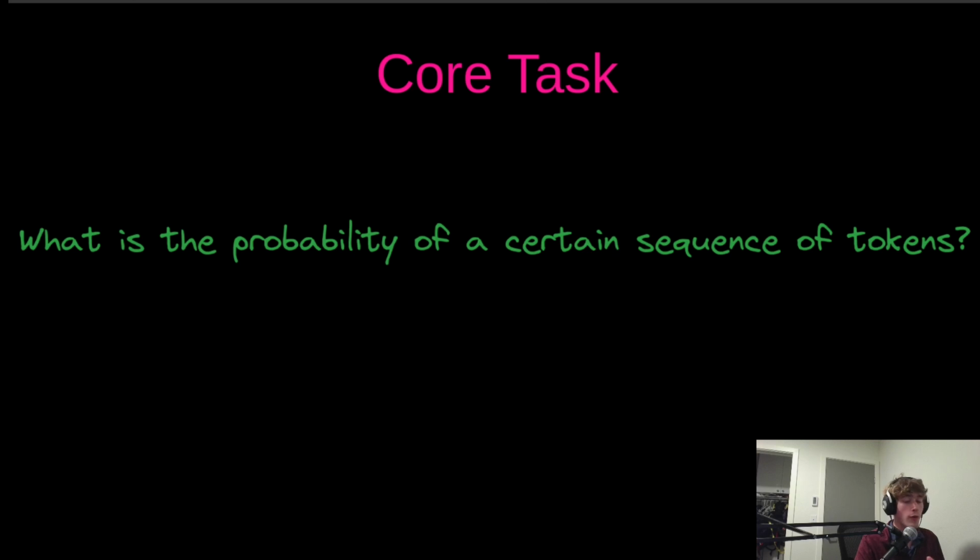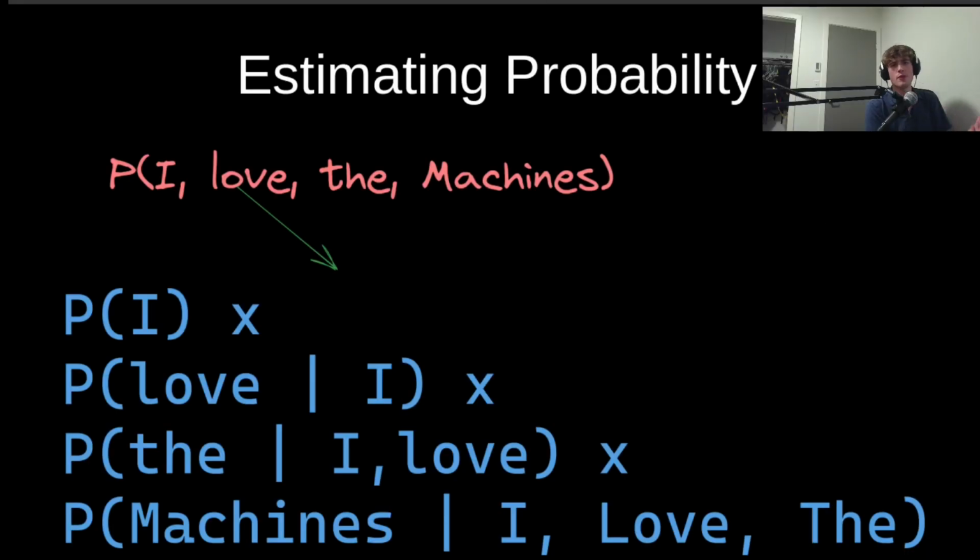Under the hood, what our model is really doing is estimating the potential tokens, trying to figure out which one is the next most likely one, and then predicting that. So we need to actually mathematically model that. Let's go back to our "I love the machines" example and try to estimate the probability of that sentence. At its core, what we're really trying to do is solve for this equation.